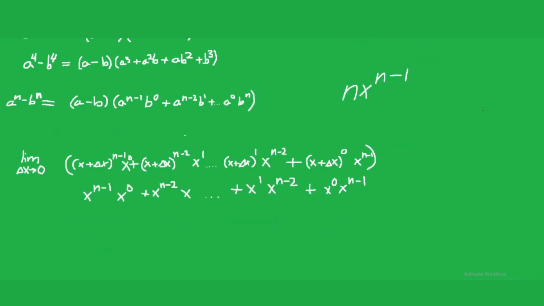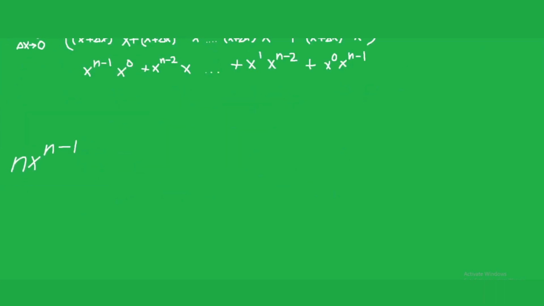But before I end that, I want to use this. So what I'm going to do is copy this and let's use it. So let's make an example. Let's say we have x cubed and we want to get the derivative of this. So d over dx of x cubed, right?